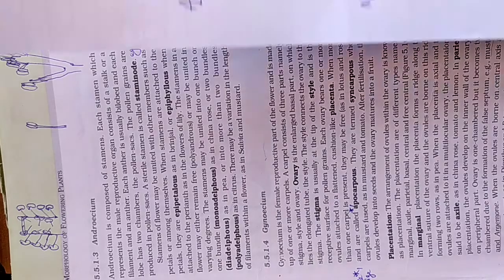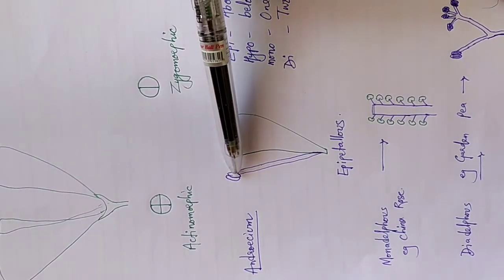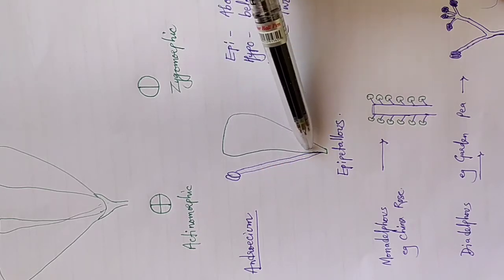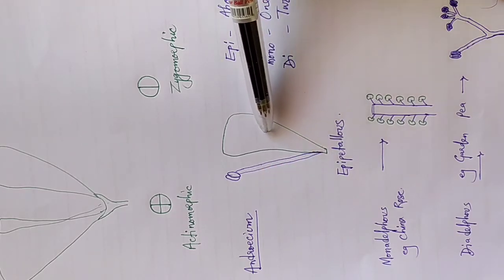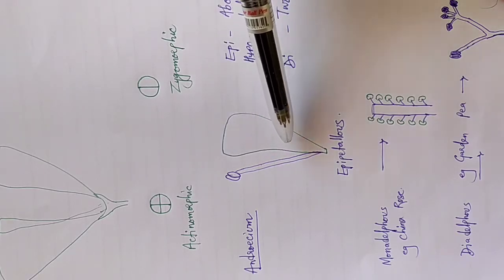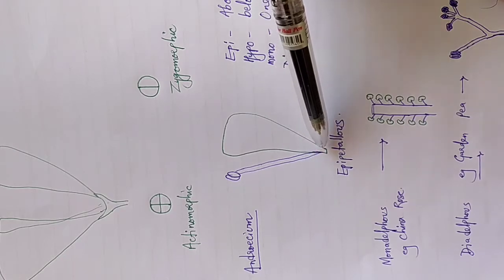The stamen, the male part of the flower, may be attached to the corolla. For example, this is the petal or the corolla. We see the filament is attached to the petal.